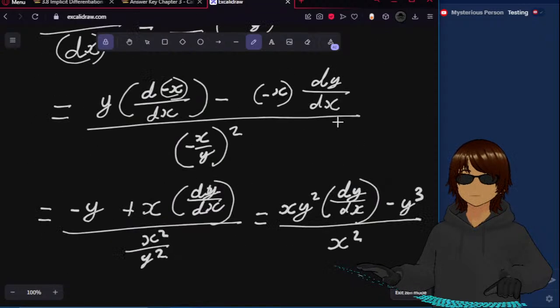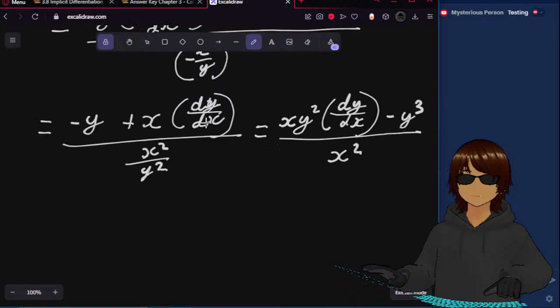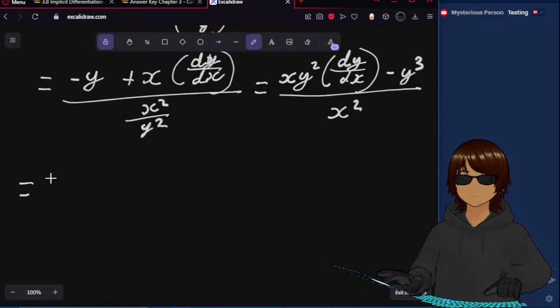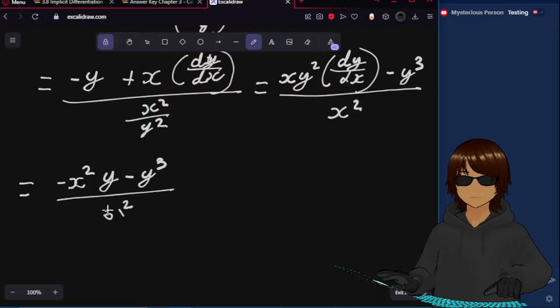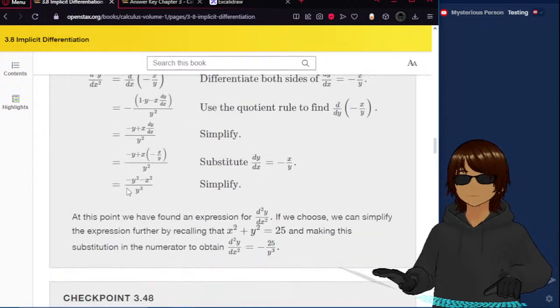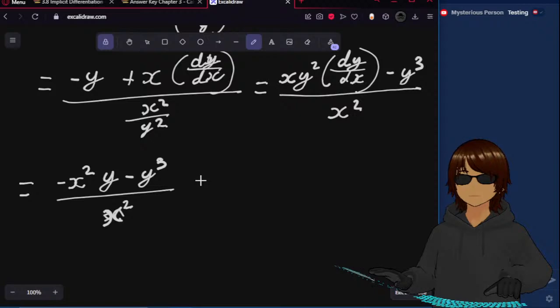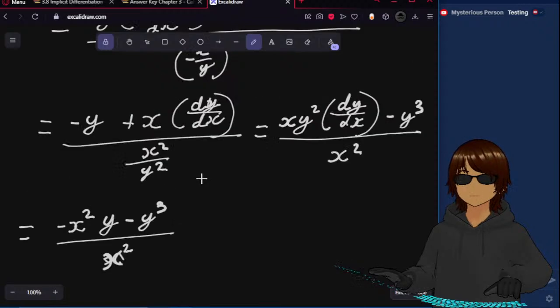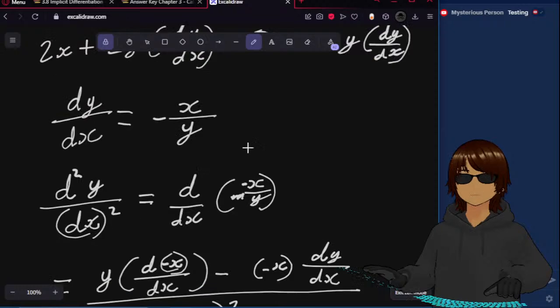Should open up this. Then this is minus x squared. Is this it? How is it? Wait, hold on.